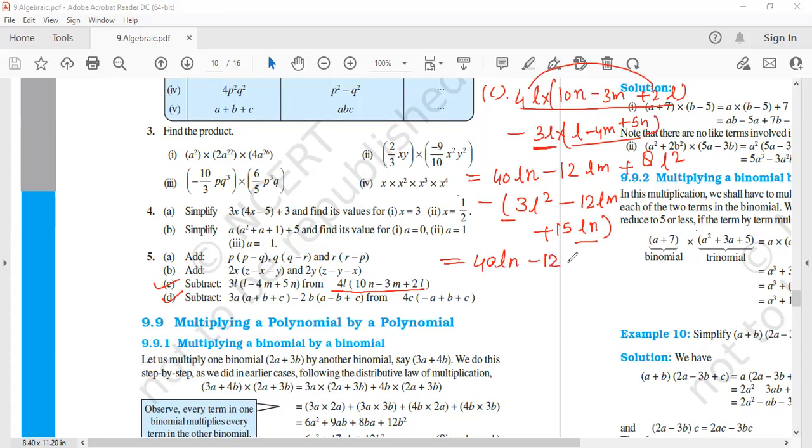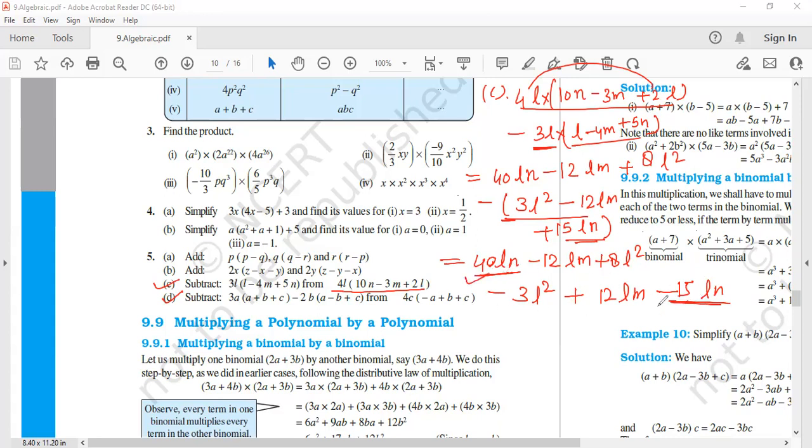Okay, now I will open this bracket. Okay, so 40LN minus 12LM plus 8L square minus 3L square plus 12LM, because you know that when the bracket is opened, because of this minus sign, the signs will be changed. Minus 15LN.